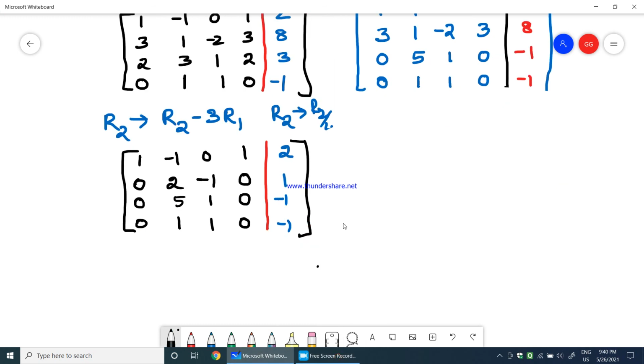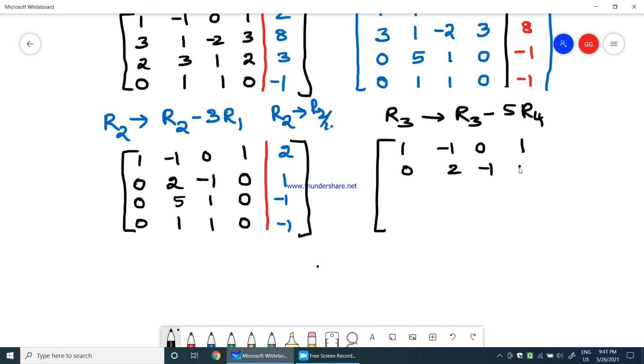Now what we'll do is we'll take row 3 to be equal to row 3 minus 5 times row 4. So we'll do that. So what do we get? It is 1 minus 1 0 1, 0 2 minus 1 0.